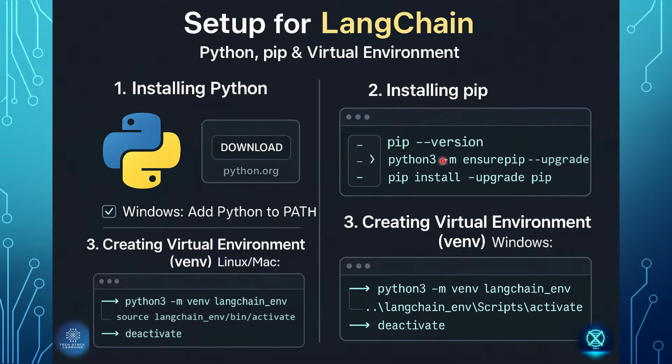Then you can do python3 -m ensurepip, and then you can upgrade, which will basically install things. And if you want to specifically upgrade pip, you can do pip install --upgrade pip. Okay, this is how you can install and keep upgrading pip to higher versions.